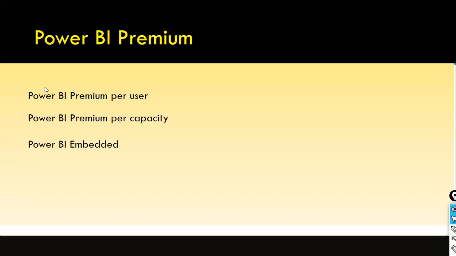Obviously, when you use the shared capacity, the performance will not be good. It will have an impact on the performance. So in that kind of situation, better go for premium per capacity. Large enterprises obviously have to go for premium per capacity. Even with premium per capacity, when they buy it, everything in bulk, they will get advantages.